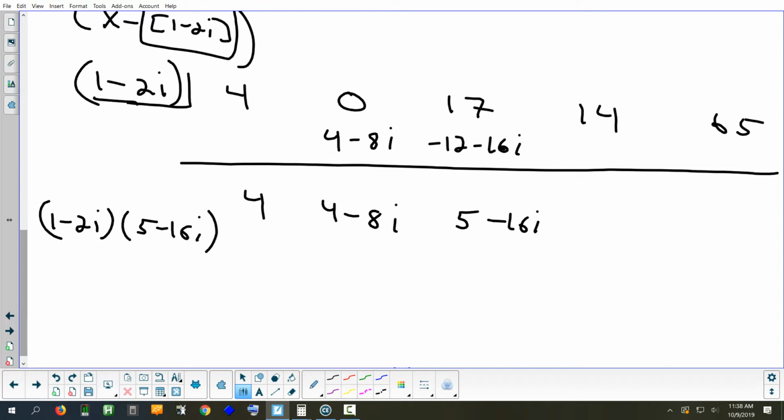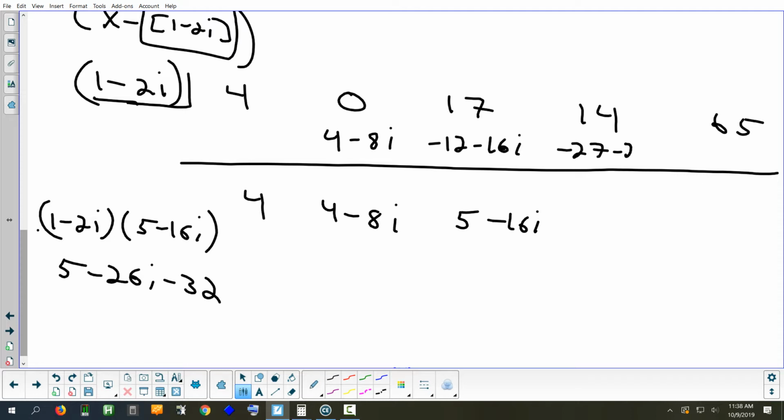Now, I already know what I want to happen. I want to get negative 65 right there. So somehow I'm hoping all my i's just disappear at this step. See what happens. Okay, so we've got 1 minus 2i times negative 13 minus 26i. 1 times negative 13. 1 times negative 26i.